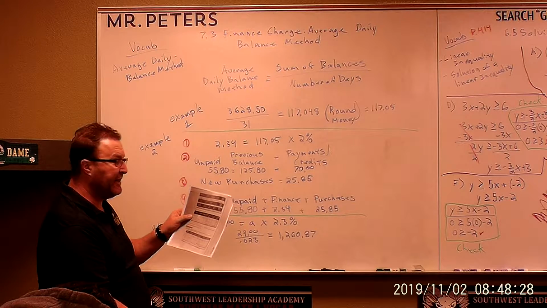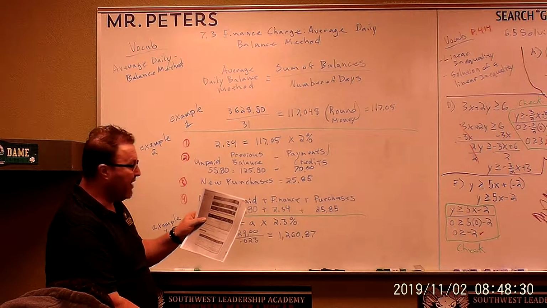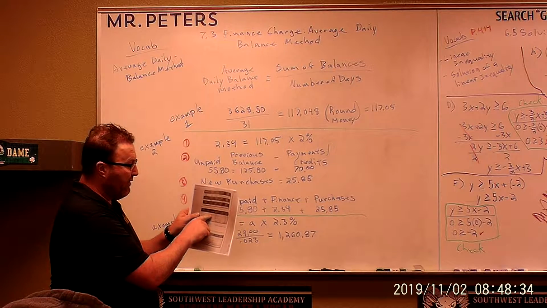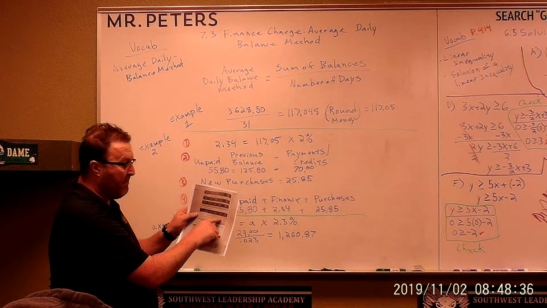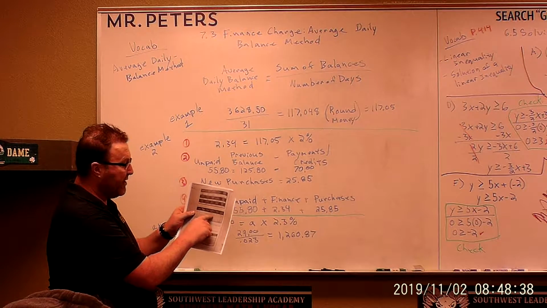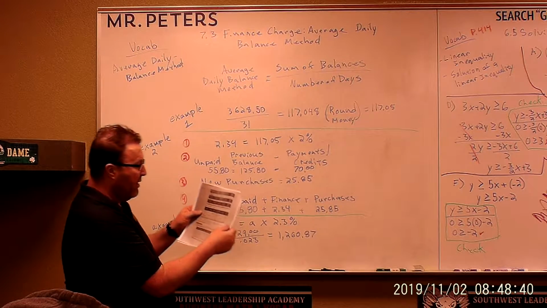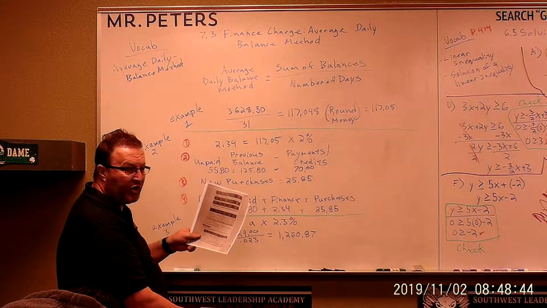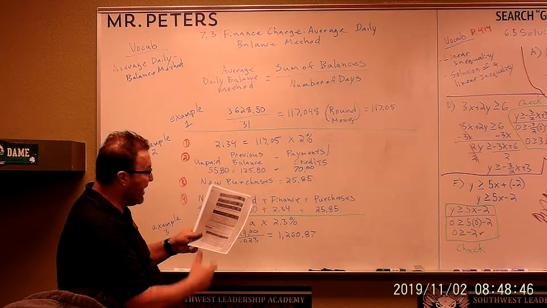Anytime there's a change, it changes the balance by that one day. So you see the purchase of 25.85 multiplied by 1 after adding it to the 151.65. So that's 1 day, and then you start counting the days till there's another transaction.